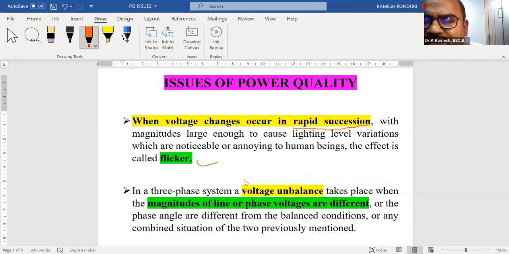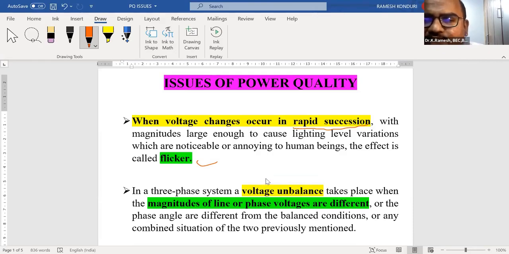Whenever we take up a three-phase system, whether it is a star connected or delta connected system, if the impedances Z1 at an angle phi1 is not equal to Z2 at an angle phi2 is not equal to Z3 at an angle phi3, then the corresponding loads will be different.